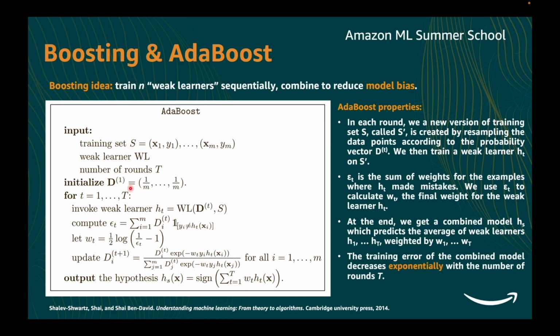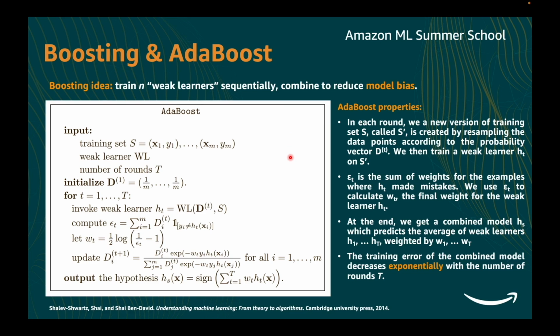So D_t to start with is a uniform vector. Suppose there are 5 data points, it'll be 1/5, 1/5, 1/5, 1/5, 1/5, and you're going to create a new data set of 5 data points by resampling each data point based on this probability.